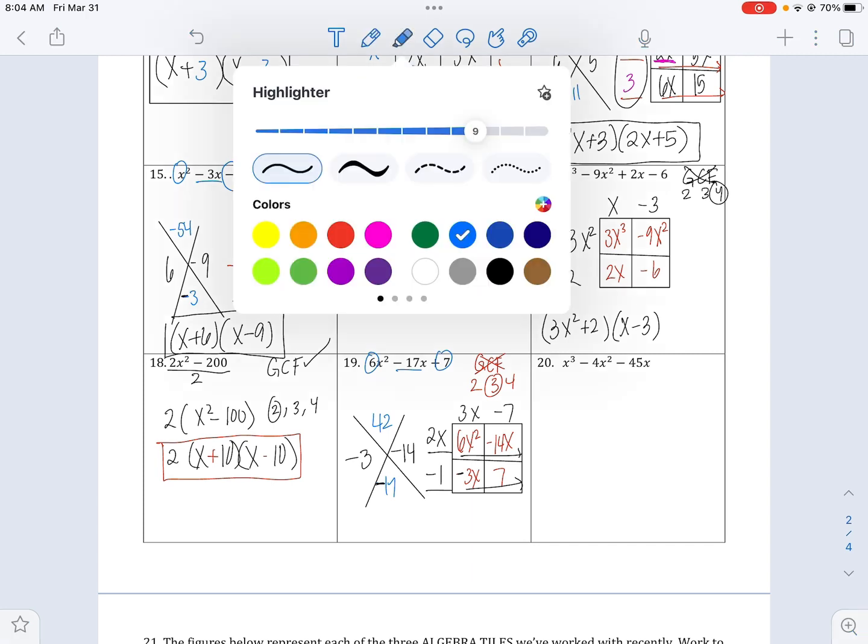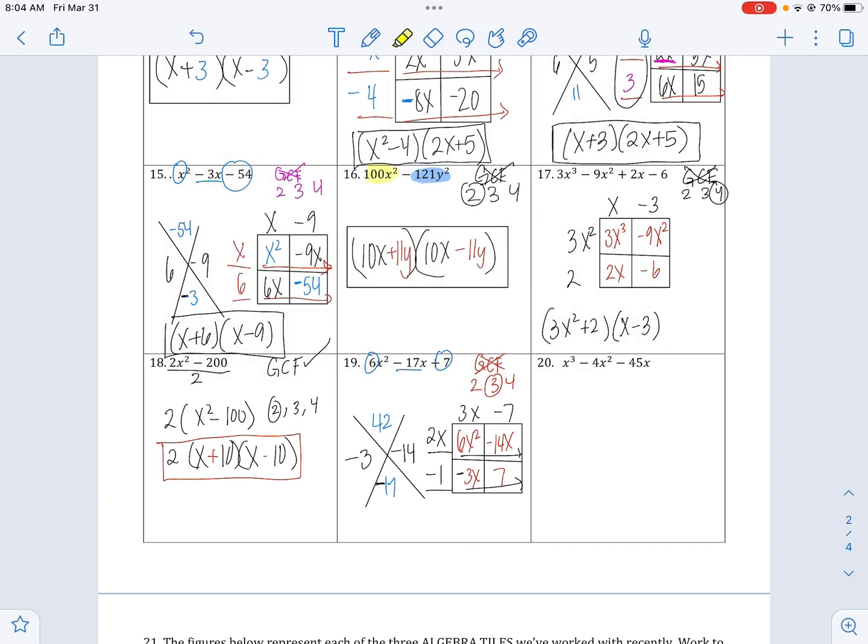Double check your work. Let's see. Yes, we got that right. And then we also have this guy. Okay, so we get 2x minus 1 times 3x minus 7 are your 2 factors.